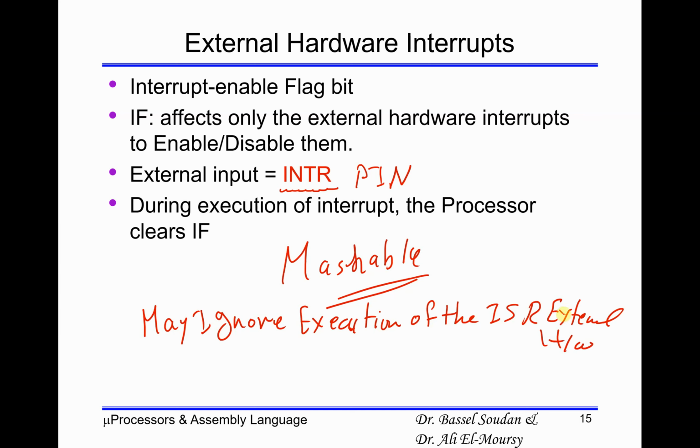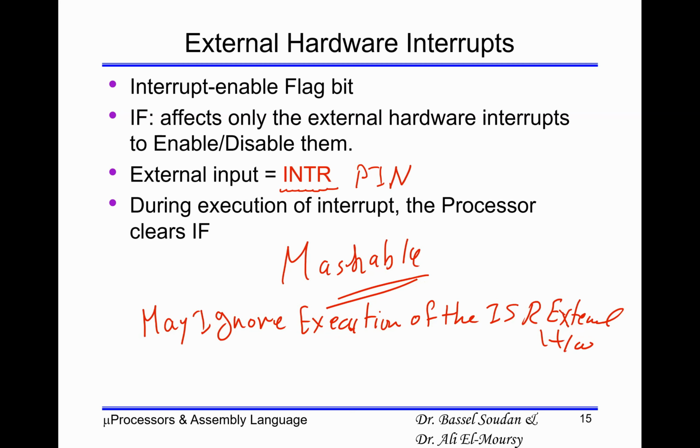What does it mean by ignore or maskable? It means that if the microprocessor is busy doing something, it may not get the signal of the interrupt at all.